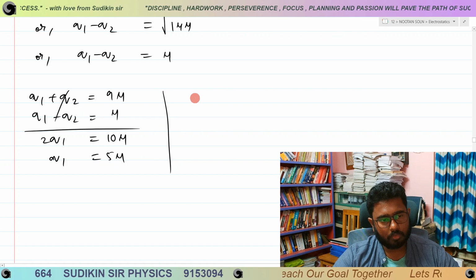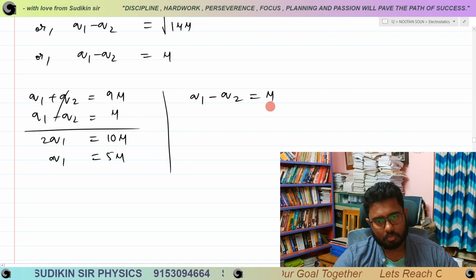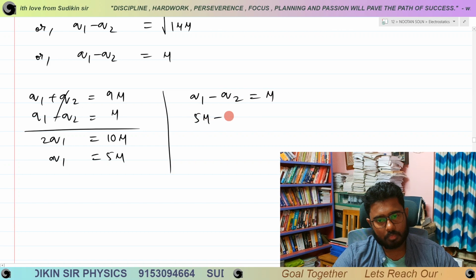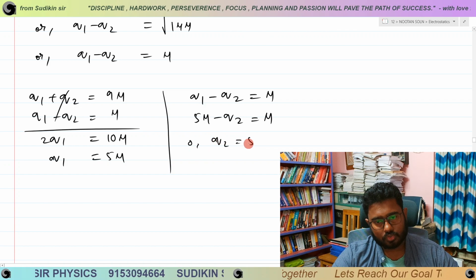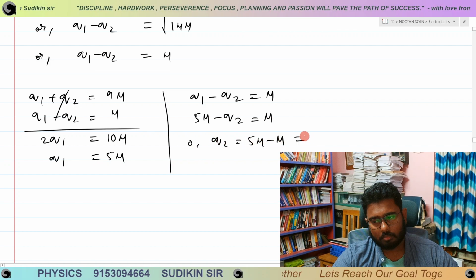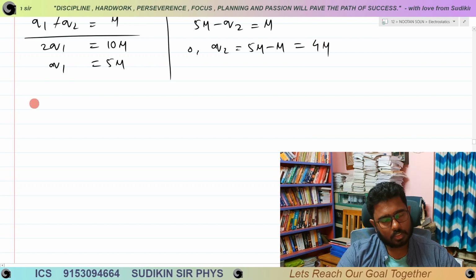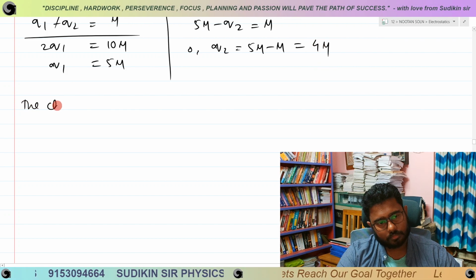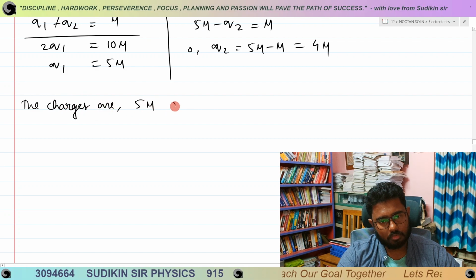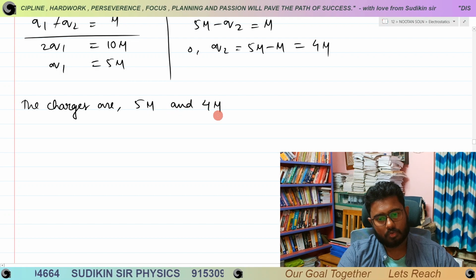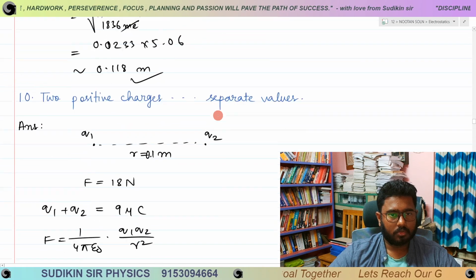Similarly, putting it in any one, that is q1 minus q2 equals to mu, or 5 mu minus q2 equals to mu, or q2 equals to 5 mu minus mu, that will be equal to 4 mu. So the answers are, the charges are 5 mu and 4 mu. Okay, so you can do this numerical in this way also. It's a good numerical.